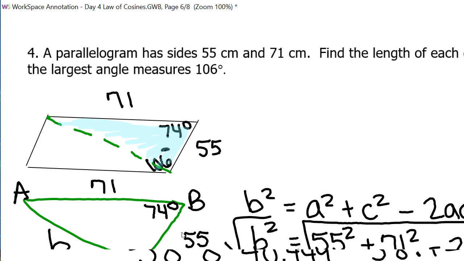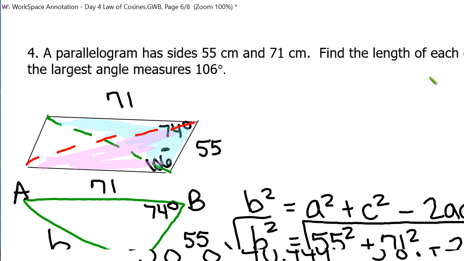Now we need that second diagonal. I'm going to mark that second diagonal in red, and I'm going to pull that triangle out. So now looking at this triangle in pink, the bottom angle is 106 degrees. The bottom side is 71.